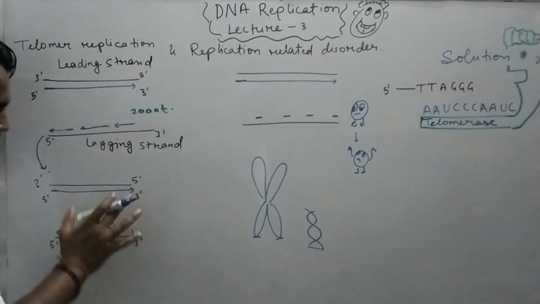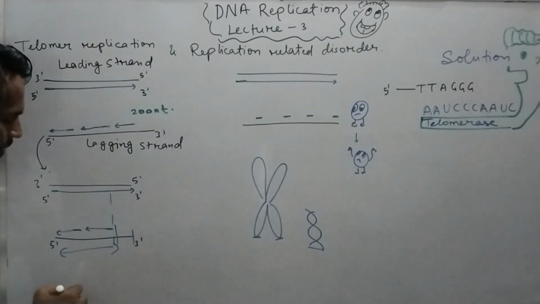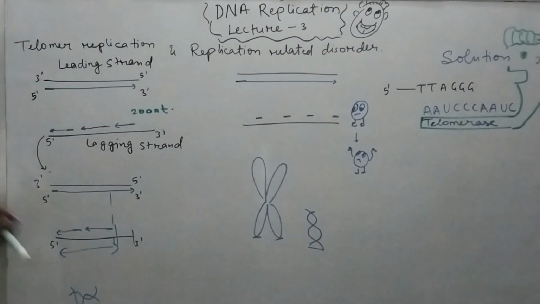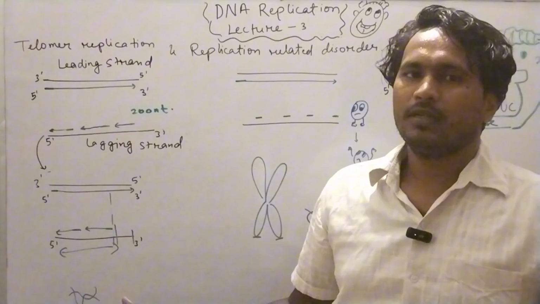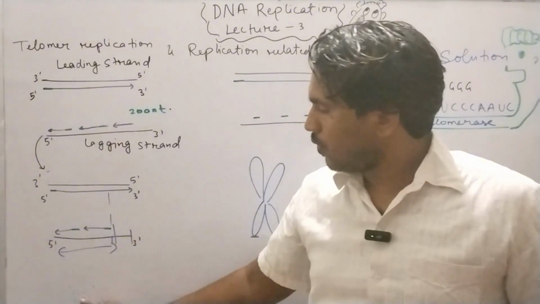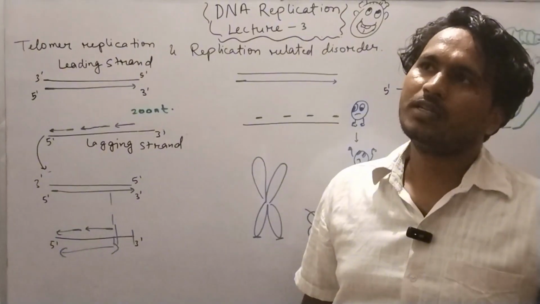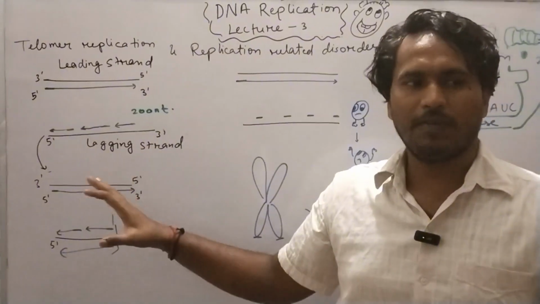It's not a problem in the leading strand, only in the lagging. So up to this length will be reduced, and ultimately the DNA will be shortened from its actual length. This shortening of DNA needs some mechanism to maintain the length of the DNA. We will talk about it, but this is one way by which the DNA is shortened during replication.